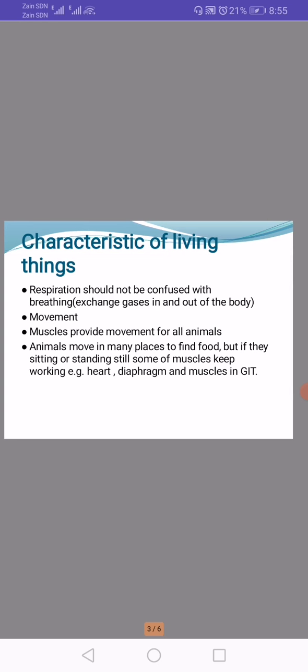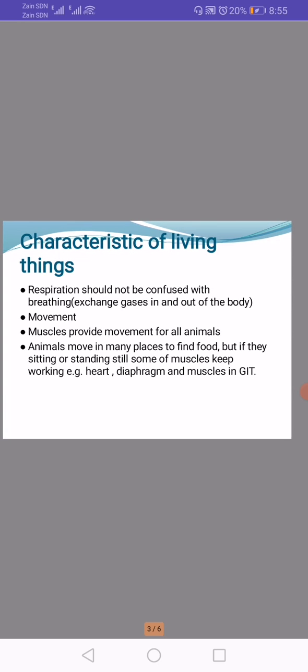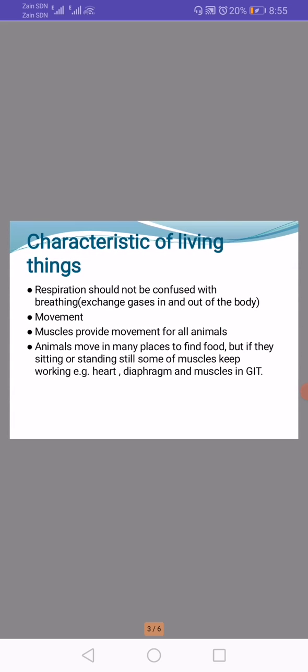So the heart is a muscle, it consists of cardiac muscles, and the diaphragm is the big muscle responsible for lung movement in breathing in and breathing out. And the muscles in the GIT are responsible for passing food on its journey from entering the mouth until coming out as a waste product.